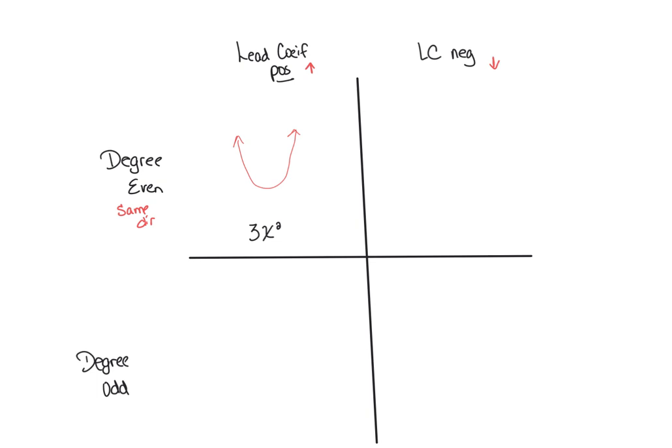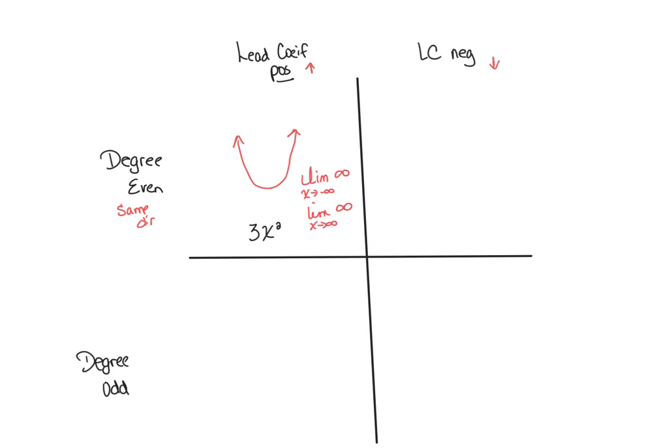We write that using limits: the limit as x goes to the left, or negative infinity, is positive infinity. And the limit as x goes to the right, or positive infinity, is also positive infinity.